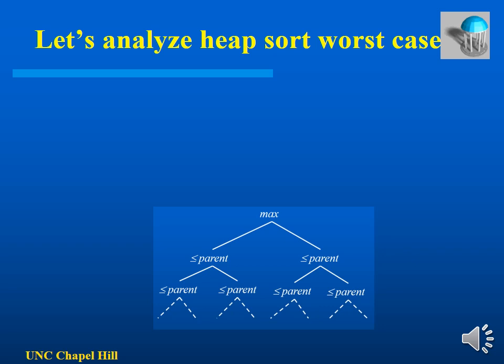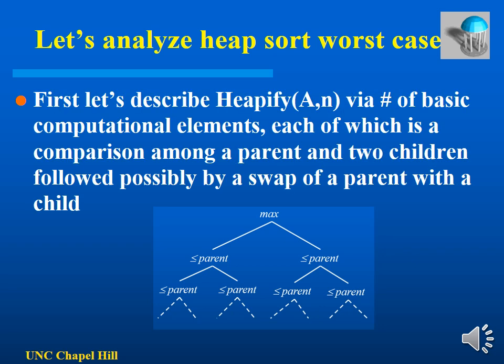Let's first describe heapify, its first stage, via the basic number of its computational elements. Each computational element is a comparison among three elements, a parent and its two children, followed possibly by a swap of a parent with a child.